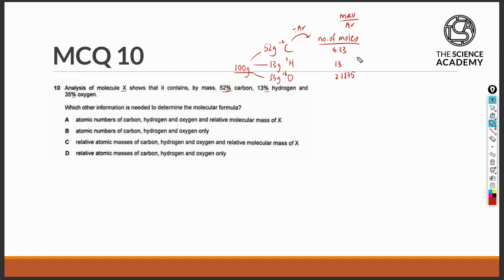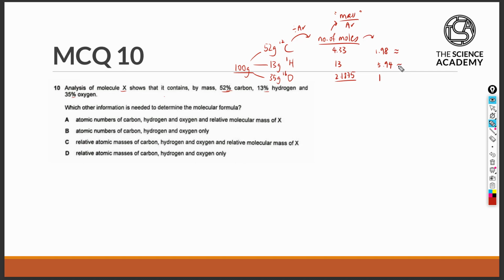To get the most simplified ratio of all these values, we can divide it by the smallest value obtained, which is 2.1875. So taking 4.33 divided by 2.1875 will give us about 1.98, 5.94 for hydrogen, and 1 for oxygen.